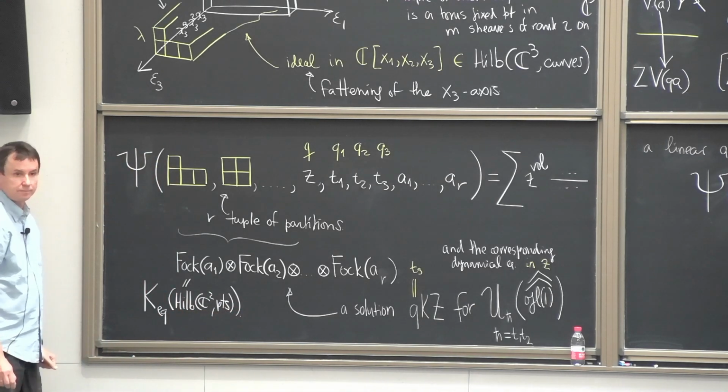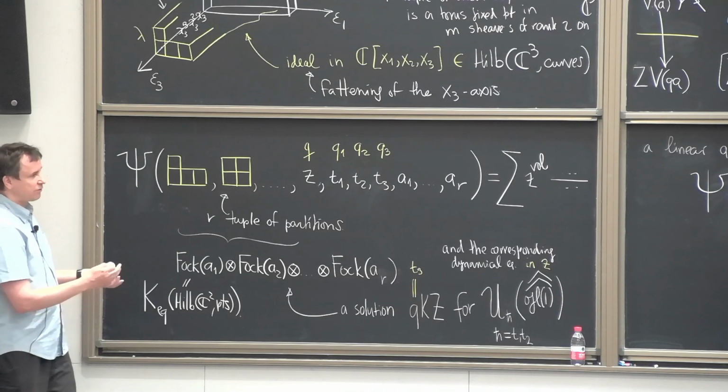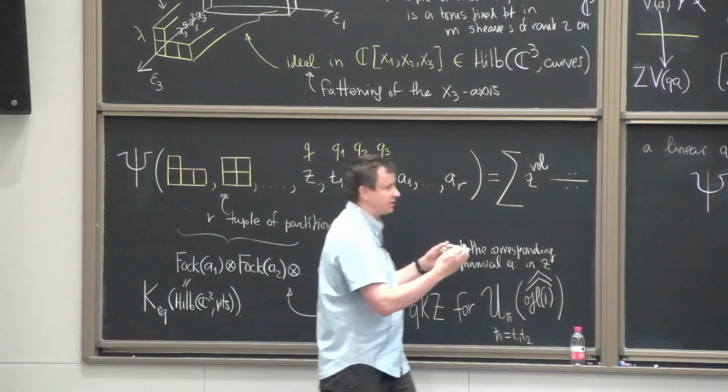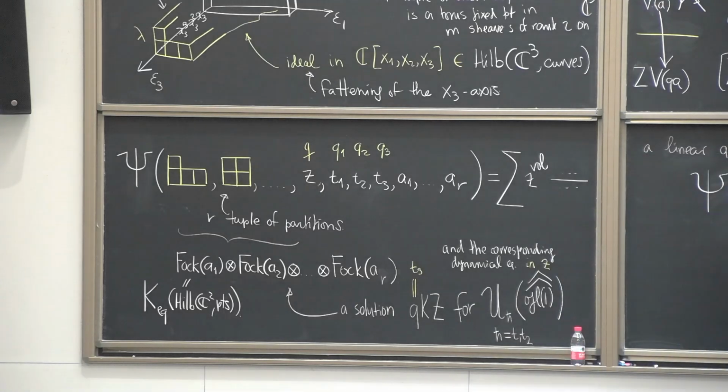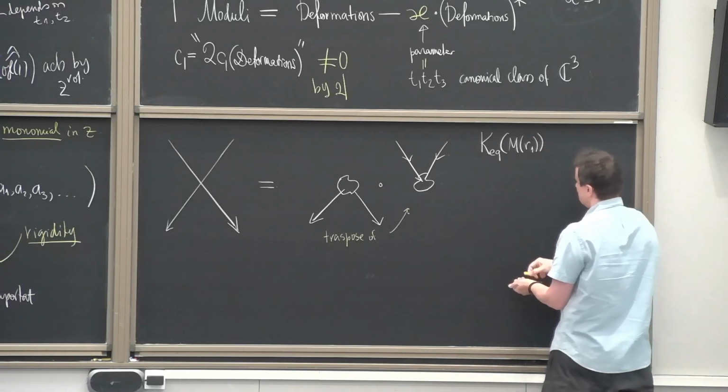And more generally, if we want the R-fold tensor product, that's equivariant K theory of sheaves of rank R. So I take equivariant K theory of sheaves, and I'll write M R1. These are sheaves of rank 1.